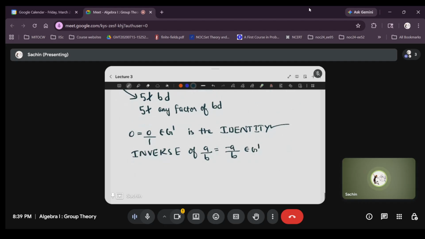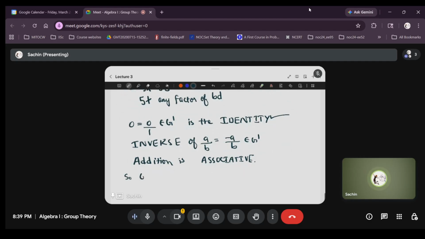And associativity we simply get from addition in rational numbers. That property is inherited when you take a subset of the rational numbers. So addition is an associative operation, and G prime is a group under addition.